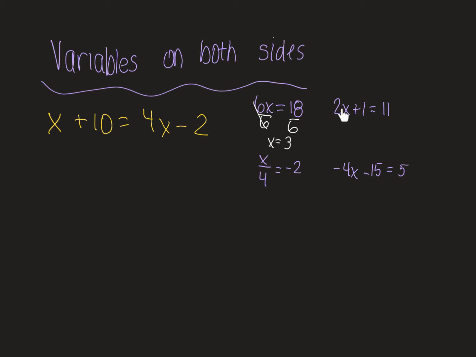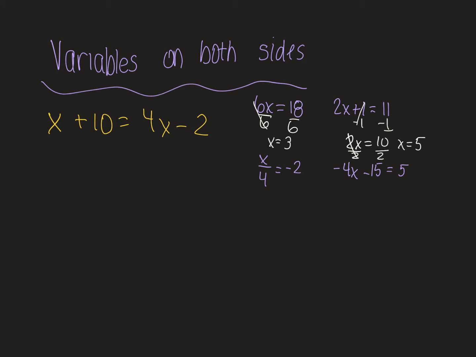Maybe we had one of these in 6th grade where we had to sing the song twice. First, we got rid of the plus 1, so we did minus 1, cross out, what's my answer, 2x equals 10, divide by 2, x is 5. So we had to sing the song twice, and we always added or subtracted first, then we multiplied or divided.